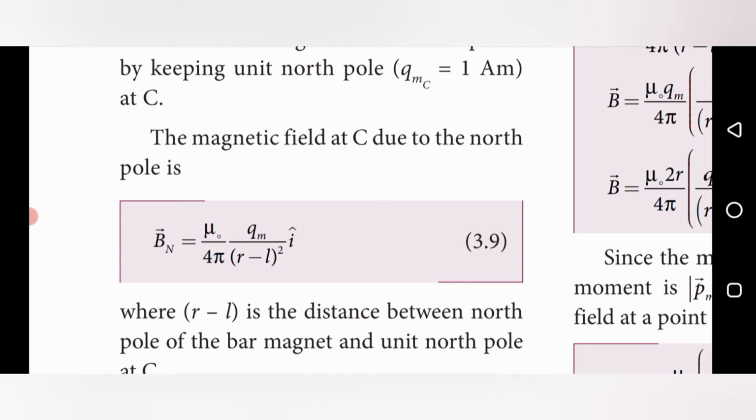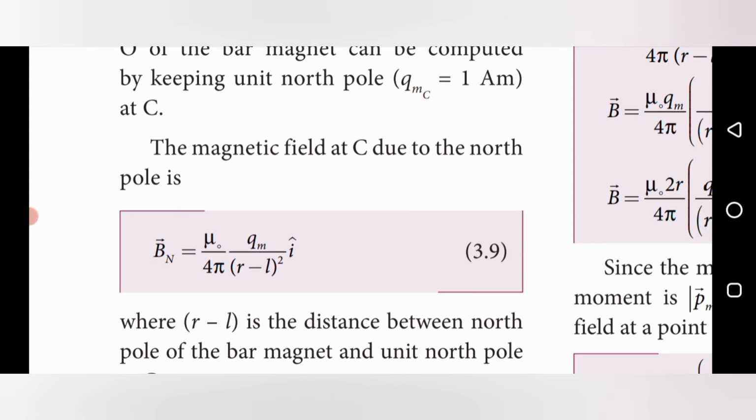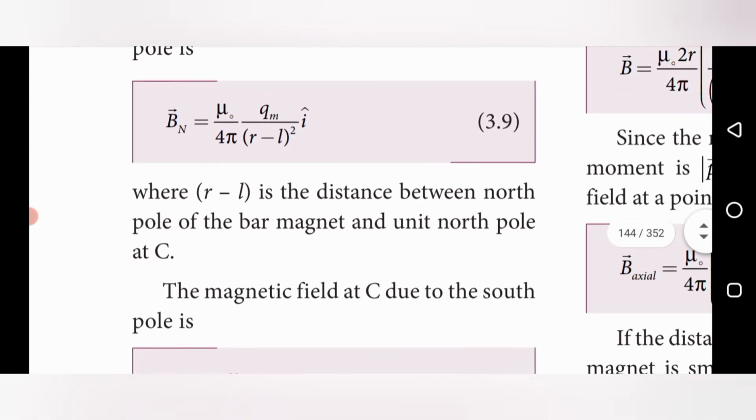So mu naught by 4 pi, pole strength Qm divided by, from north to C, we take the R square value as (R minus L) whole square, along the i vector. You know very well R minus L is the distance between the north pole of the bar magnet and the unit north pole at point C.